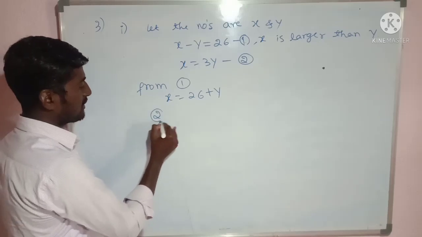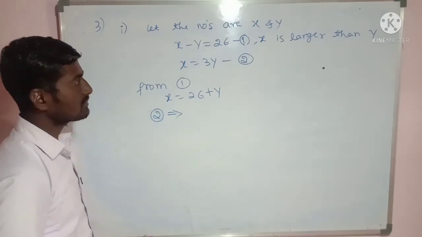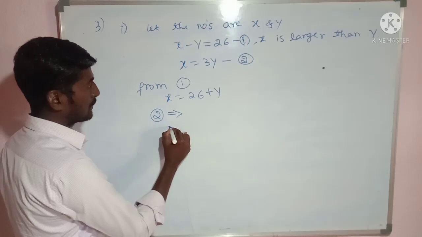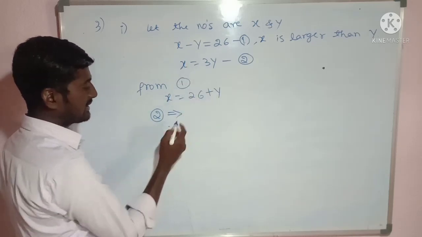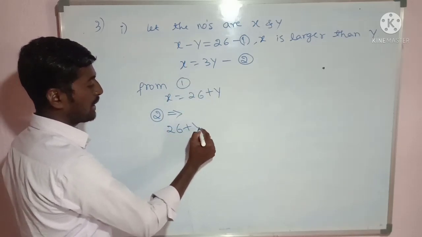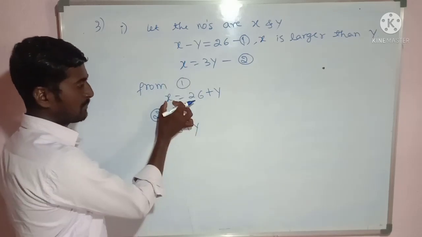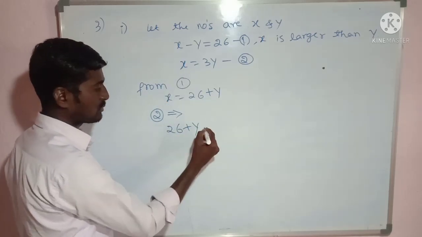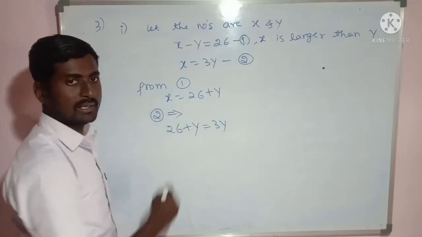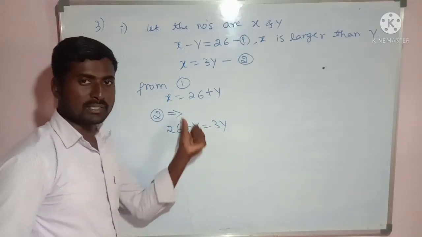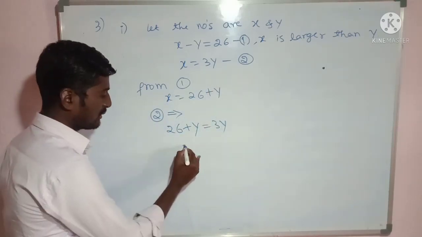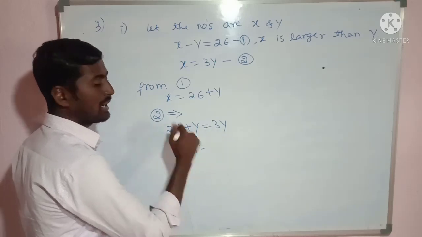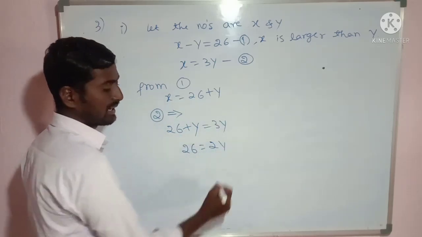Equation number 2 implies x is equal to 3y, so in place of x I can write 26 plus y is equal to 3y. Now I'll take this plus y to the right side. 26 is equal to 3y minus y. That is how much? 2y.